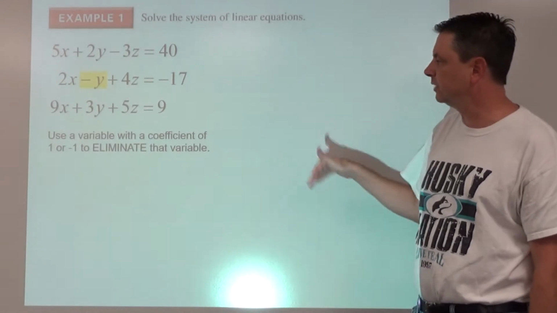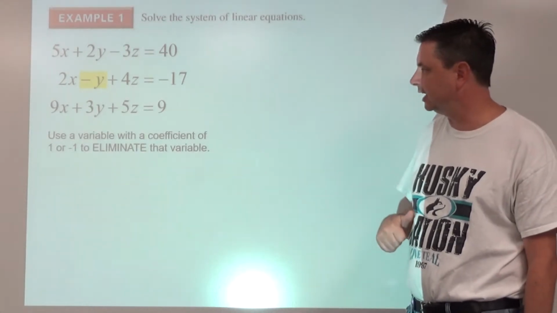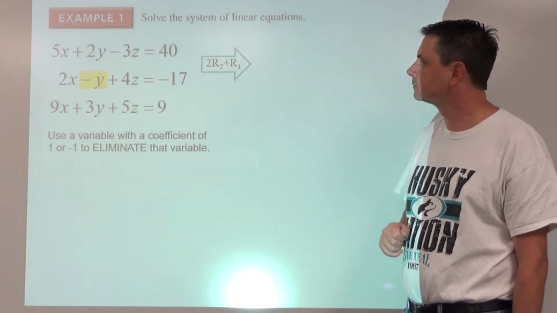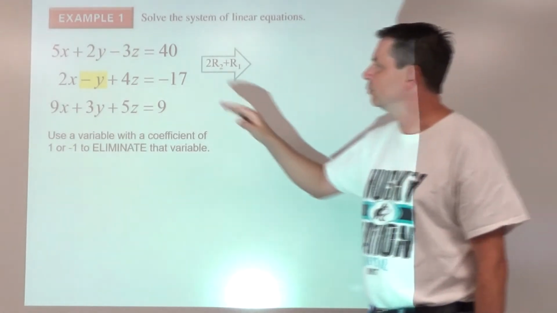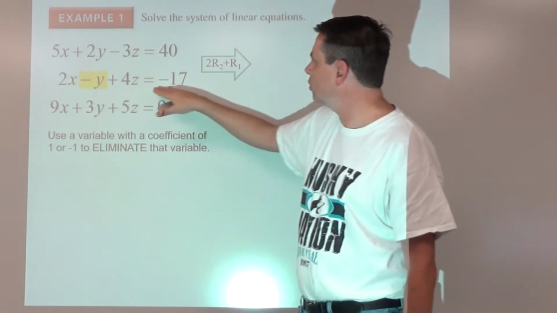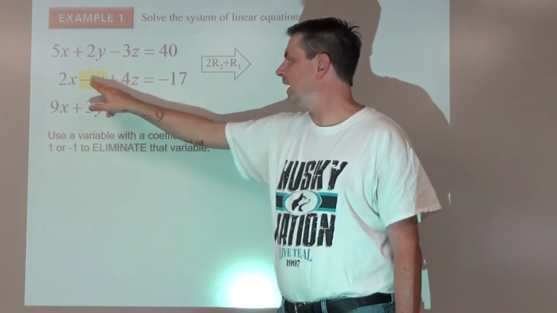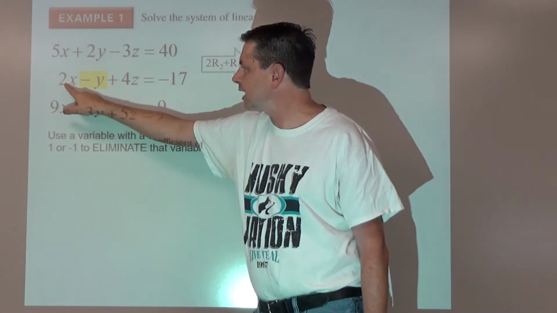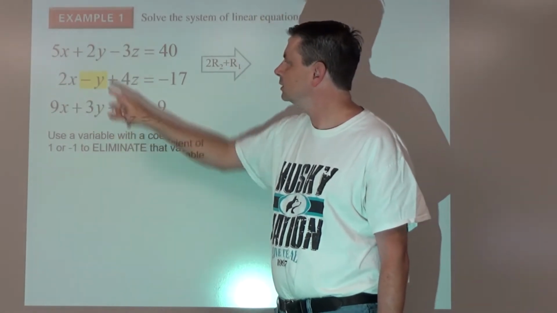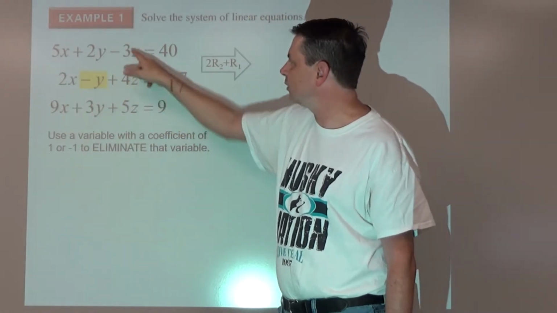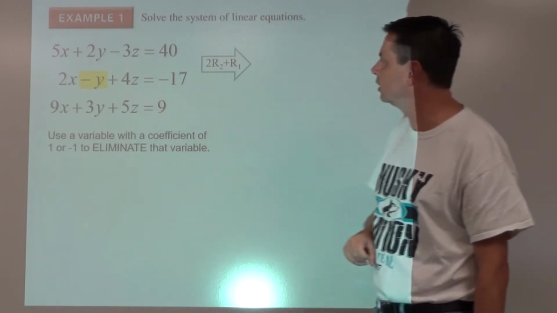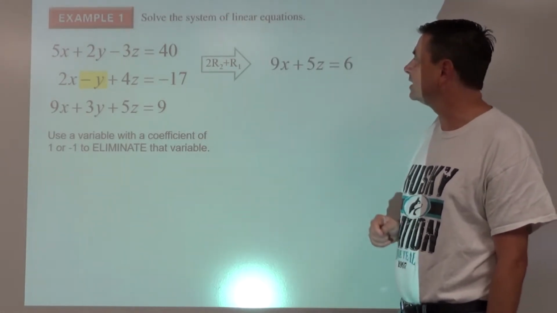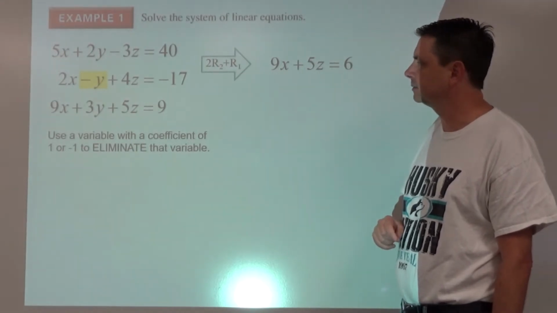So we want to use a variable with a coefficient of 1 or negative 1 to eliminate. So I'm multiplying the second row by 2, and then I can add it to the first one. This is going to eliminate the y's, and we get an equation that only has x's and z's.